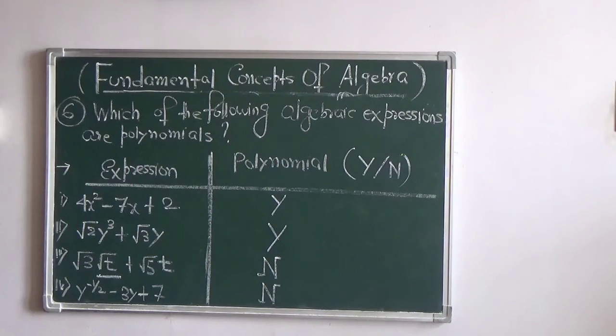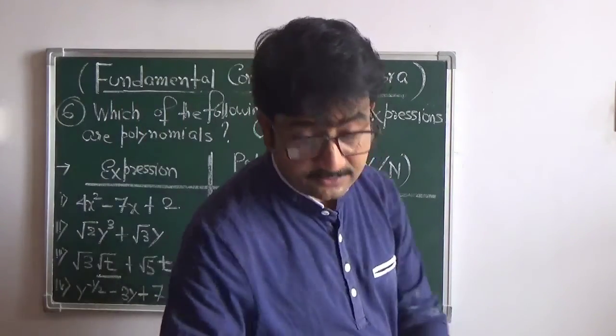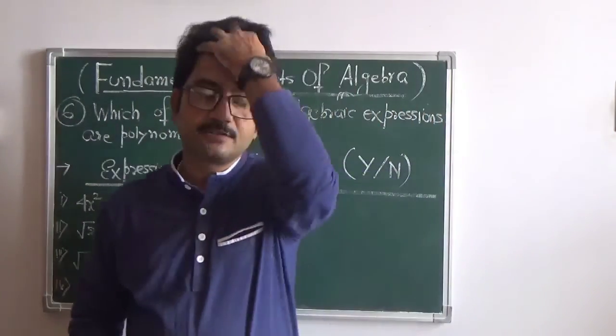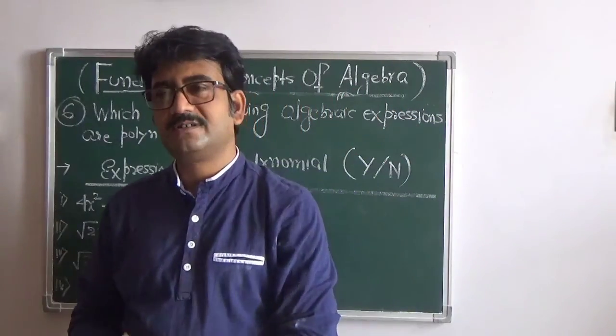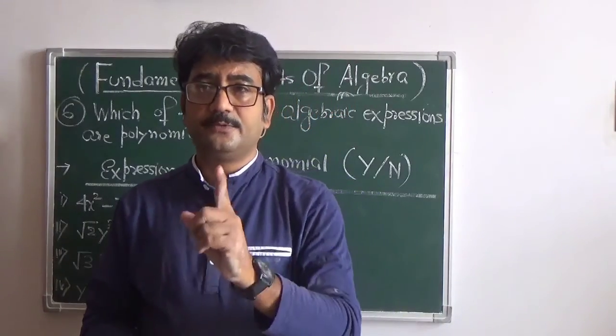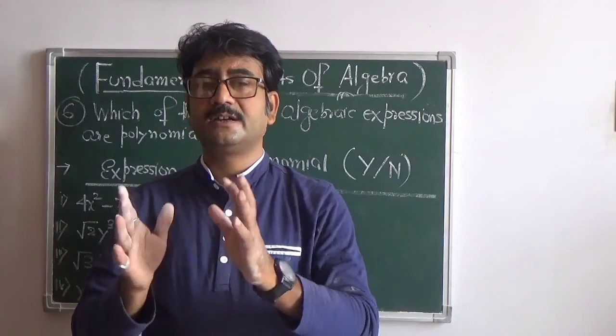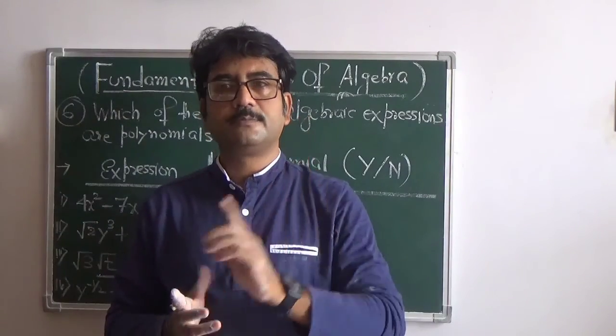Now that we have understood a few facts about the fundamental concepts of algebra, in the next class we'll be discussing operations on algebraic expressions: addition, subtraction, multiplication, division, followed by the last thing you have done in the chapter called fraction, that is the application of the Bodmas rule.